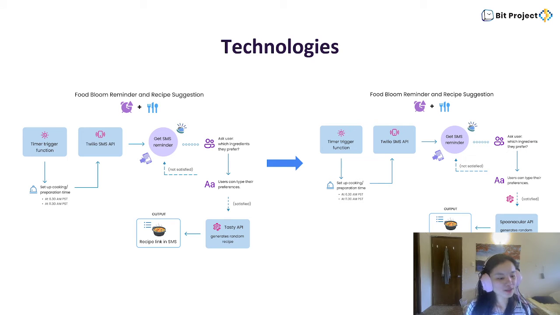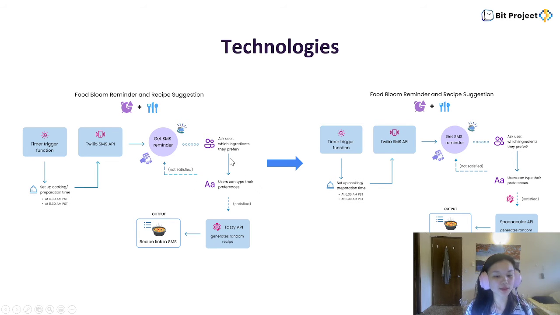Technologies. Here are the technologies that I used. I create the timer function and connect it with my Twilio SMS API to send the morning reminder message to the user.